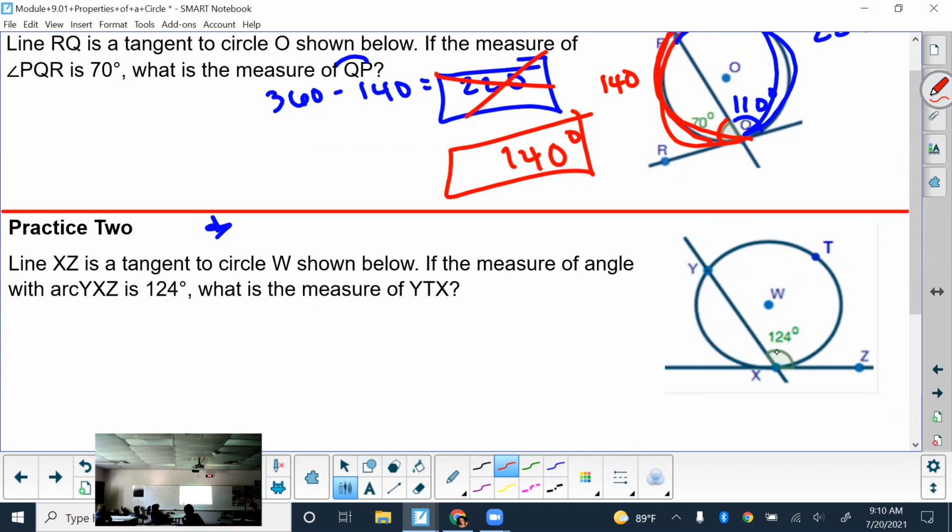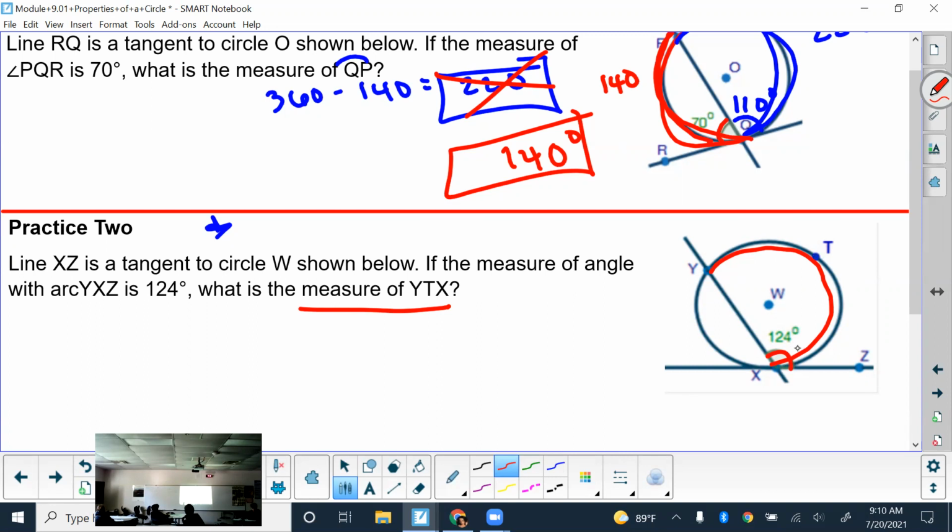So the angle created by these two lines is 124, which by definition is half of this arc length, which is what it's asking for. It's asking for the measure of YTX.